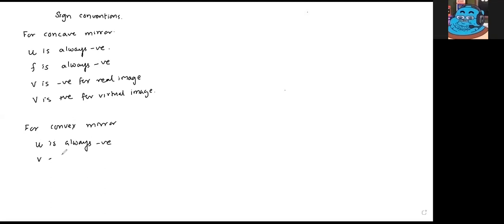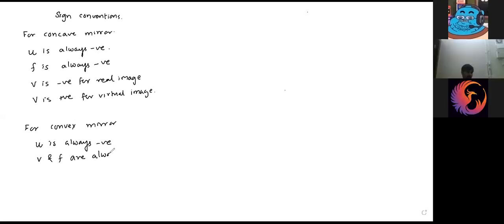V and F are always positive. Okay, U is always negative. V and F are always positive. Right? That's one. Now what will come in the formula? So 1 by V plus 1 by U is 1 by F.